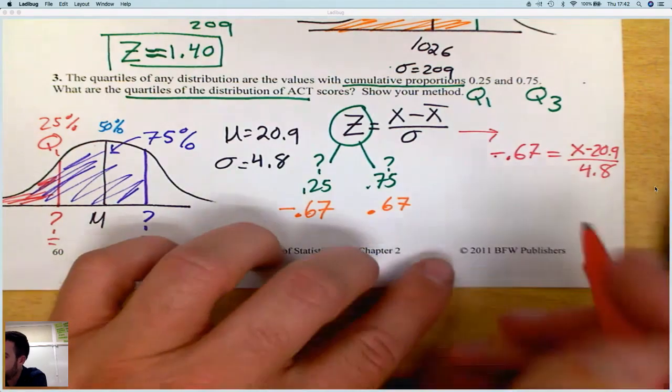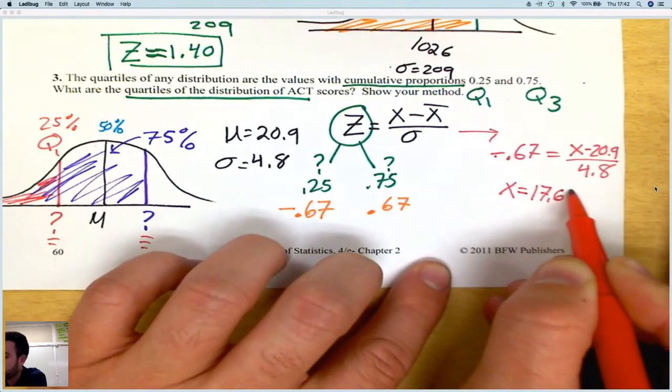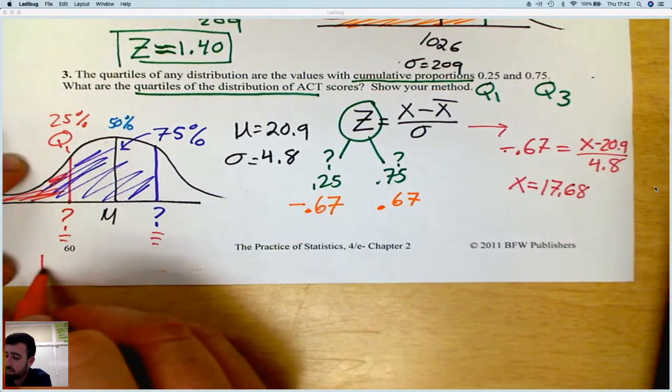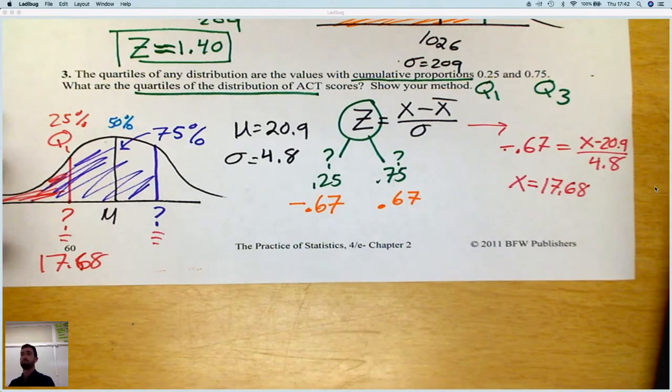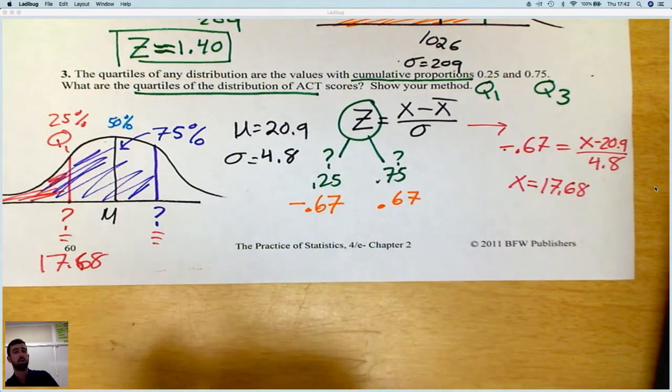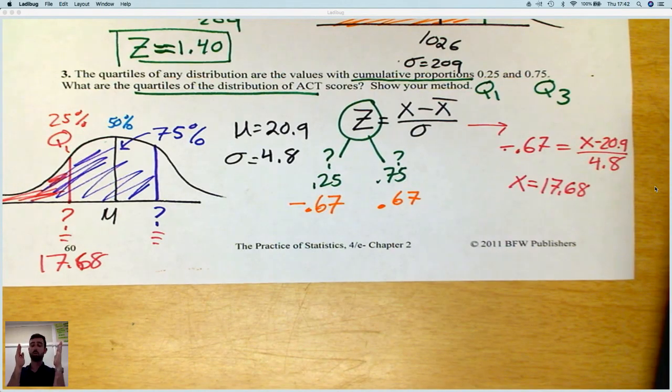So I know that that data point is 17.68. So 17.68 is going to be the 25th percentile for the ACT. So anyone who scores a 17.68 on the ACT is going to be scoring better than 25% of the population. So it's the 25th percentile.